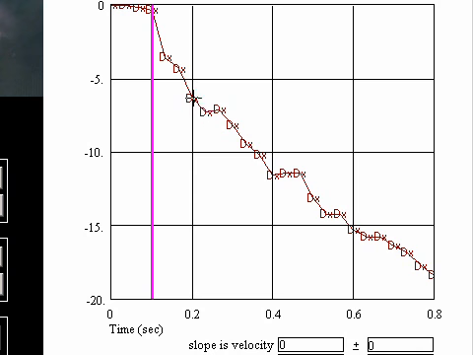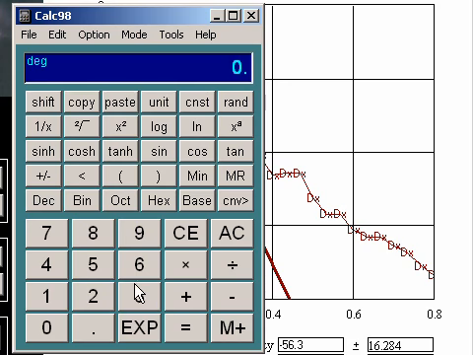That's the first 4 data points there. Slope is 56.3, so that's 56.3 meters per second. Times the conversion factor equals 125 or 126 miles per hour. This one is even faster.